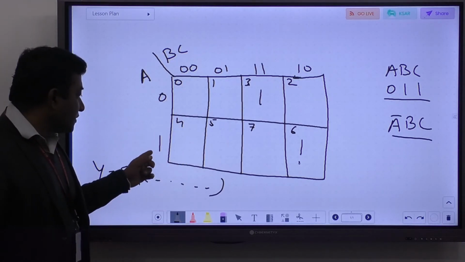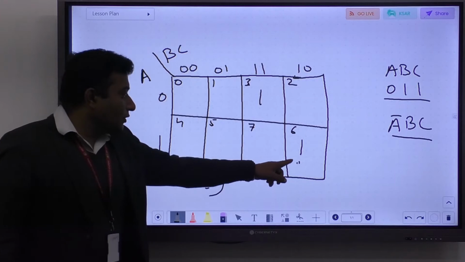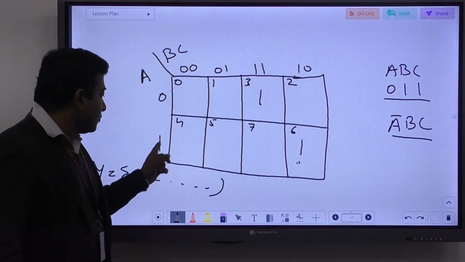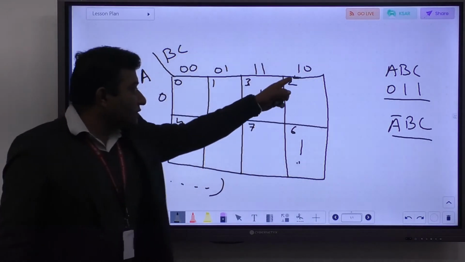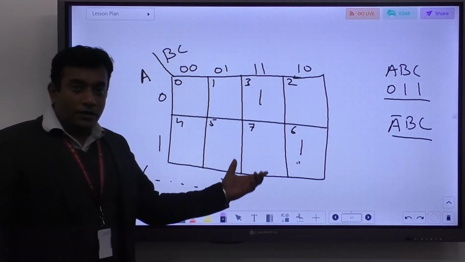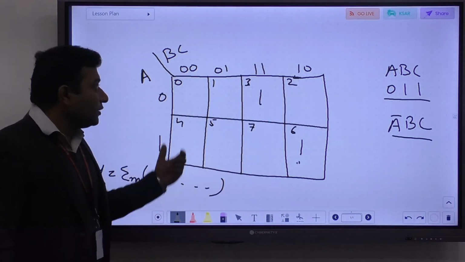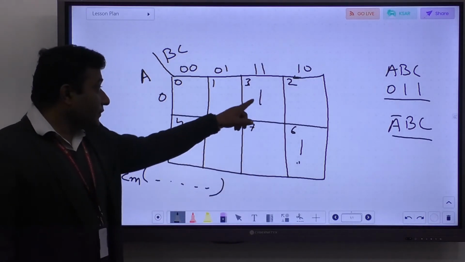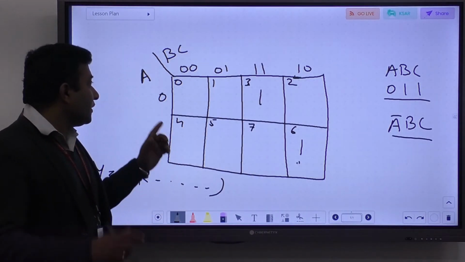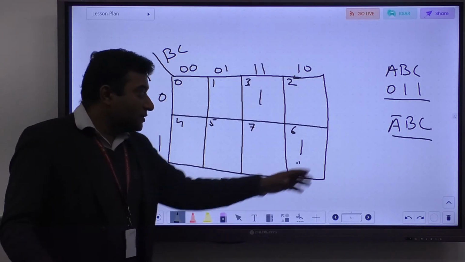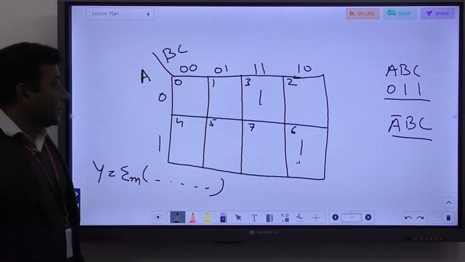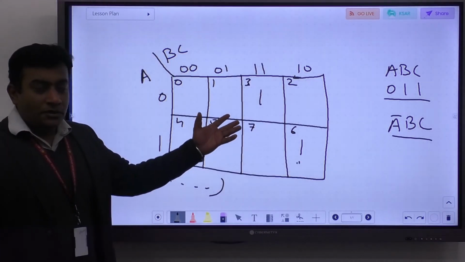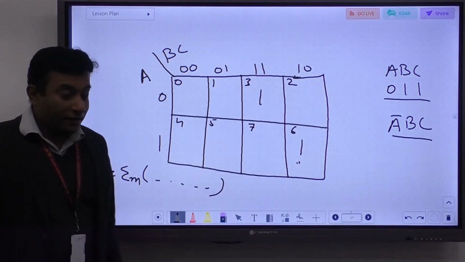You can verify that it is 1 for this particular minterm. It is 1 from A, from B it is 1 and from C it is 0. So what we would be getting as an output is 1, 1, 0. That is A, B, C bar. From this minterm we would be getting A bar, B and C, like what we had got right now. So there is no option, you can draw two singlets.